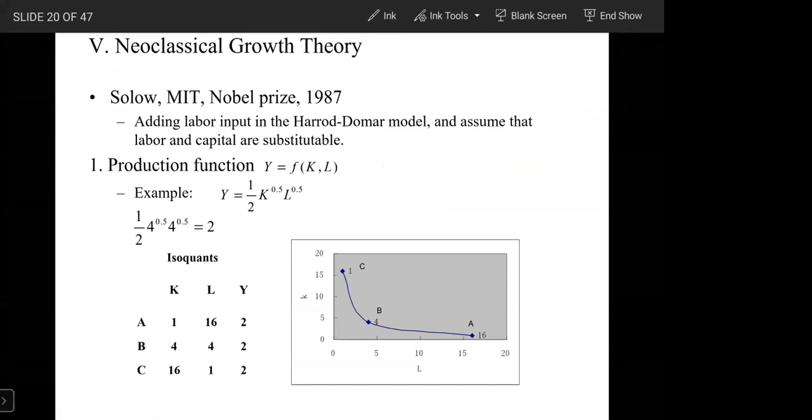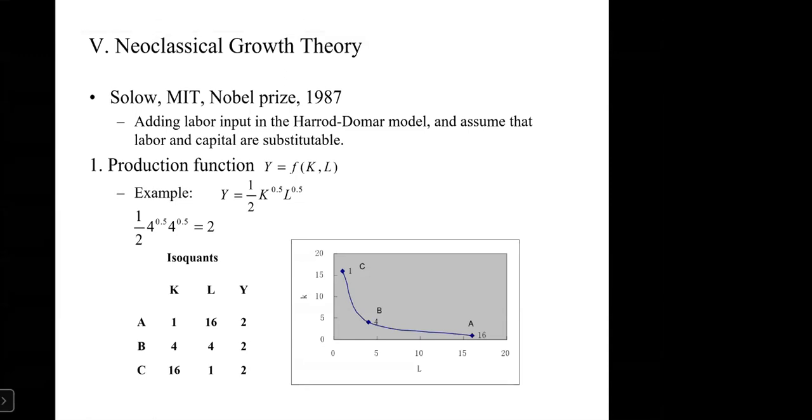So in reality, think about a farmer or the farming sector. They can use farmers to replace capital, or they can use capital to replace farmers, as a substitute. So this is reflected by this idea, right? Look at it here versus here. Okay, so what's the difference? If you compare C versus B, clearly B has less capital but more labor, right?